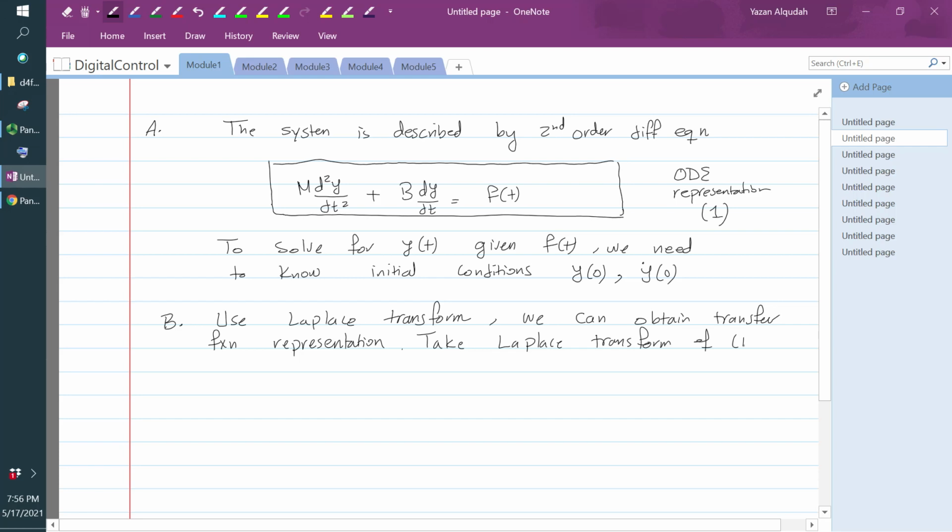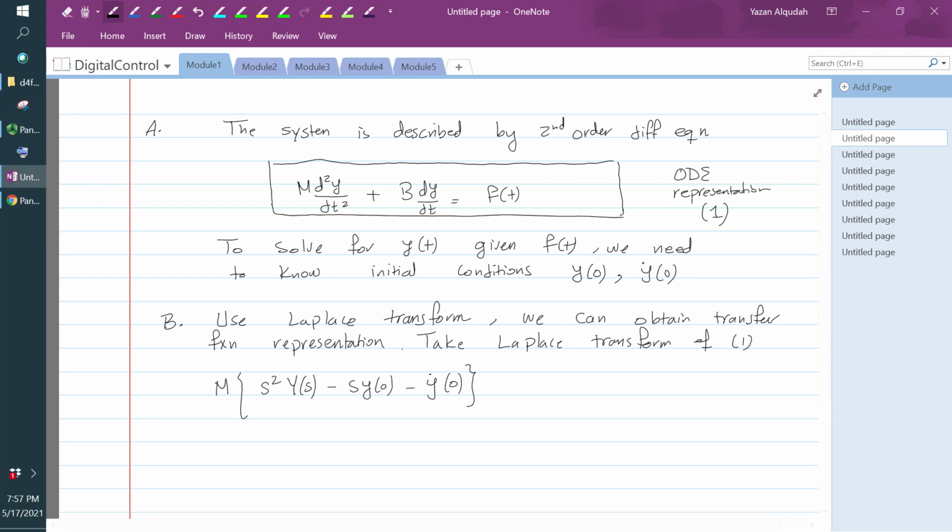If you do that, the Laplace transform is going to be the mass multiplied by s squared multiplied by y of s minus s multiplied by y of 0 minus y dot of 0. This follows directly from the properties of the Laplace transform.